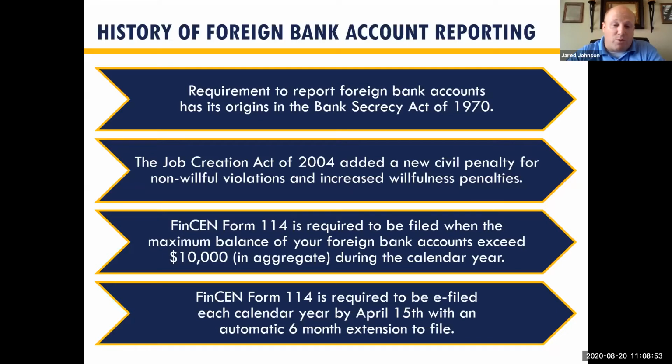It is now an April 15th deadline, so that lines up with the personal returns, which is really nice. The other thing that's really nice is there's an automatic 6-month extension. You don't have to file an extension to get it. It's just automatic. So technically your filing deadline on this every year, reporting on a calendar year, is October 15th of each year.